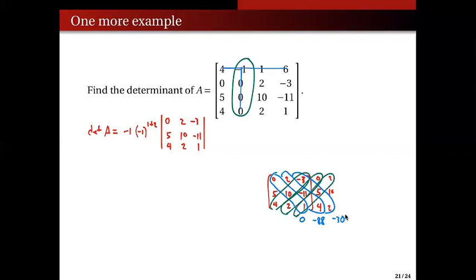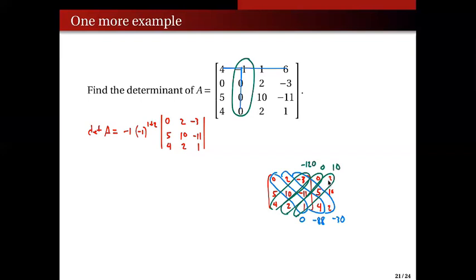So 4 times 10 times negative 3, that's negative 120. Then we have 0 in here. And then here, 1 times 5 times 2, that's 10.